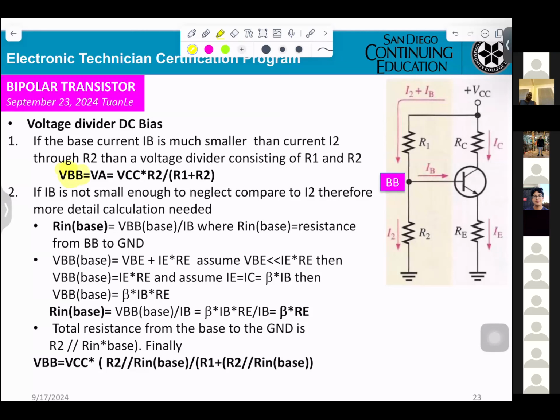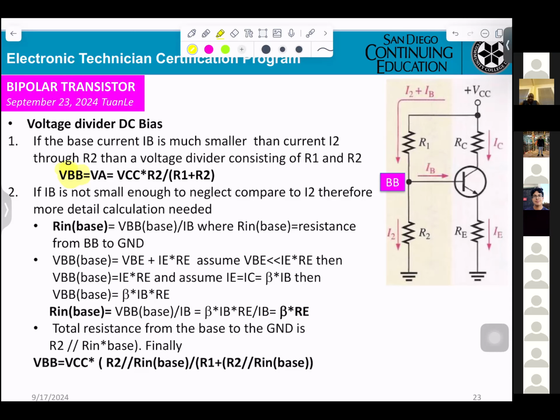And now Rin, that means the resistor looking into the base. This one is not applied for you. That's for engineers who want to go into more detail.